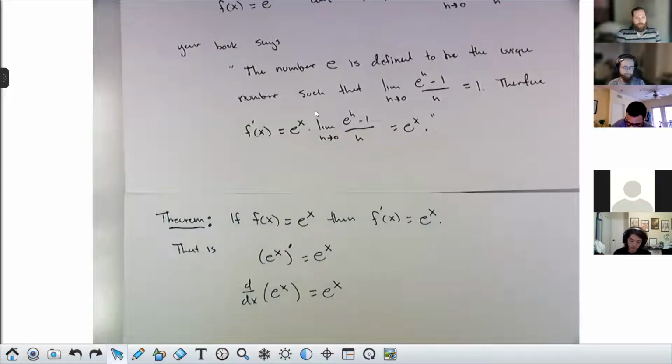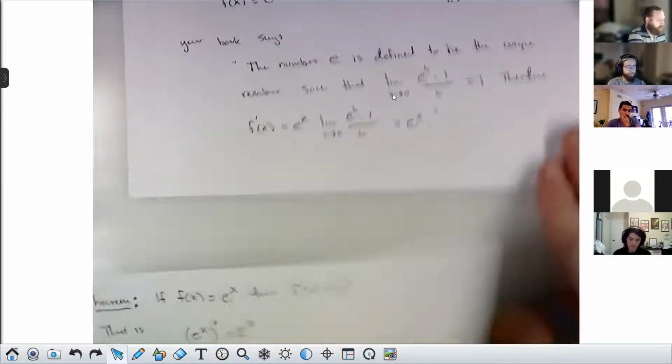Now, I do think it's healthy in an inquiring mind to understand where a statement like this comes from, because this is at the heart of the matter. So why is e to the x its own derivative? The proof can be broken down into two parts, one of which we've already done.